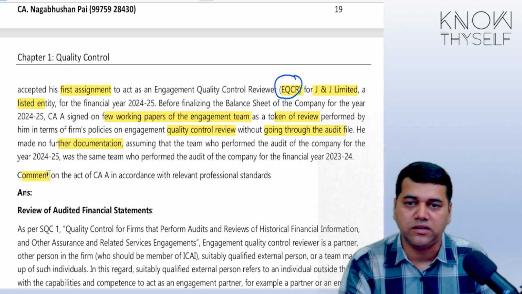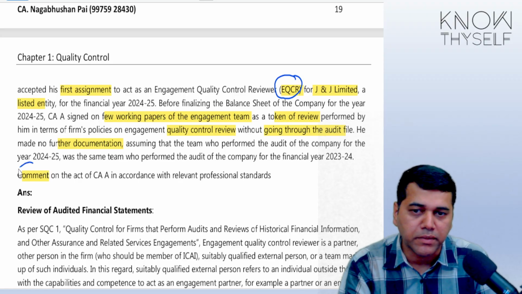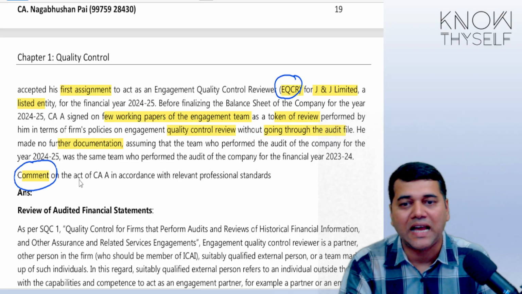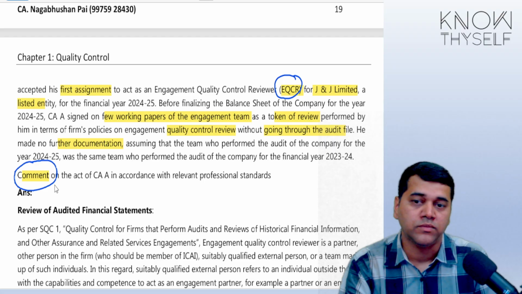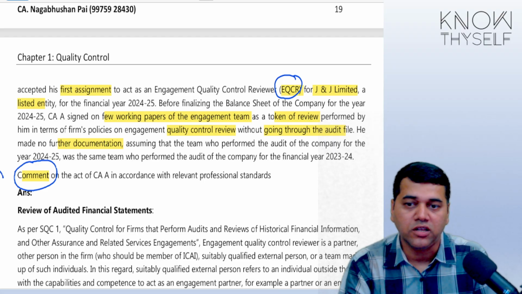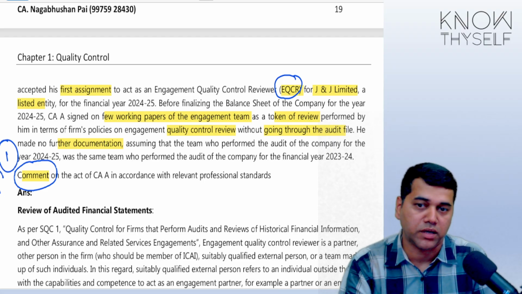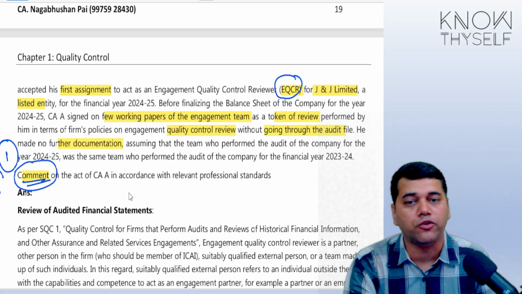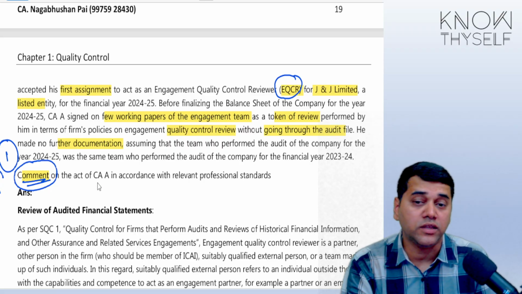Now comment. Okay, so the moment you see the word comment, students, in any examination question, you need to tell whether his act is proper or not, whether it is correct or not correct. For this you are going to secure 1 mark. Please remember, whenever you see the word comment. Now, this is the first question we have encountered. If you observe, they said comment on the act of CA A in accordance with the relevant professional standards.